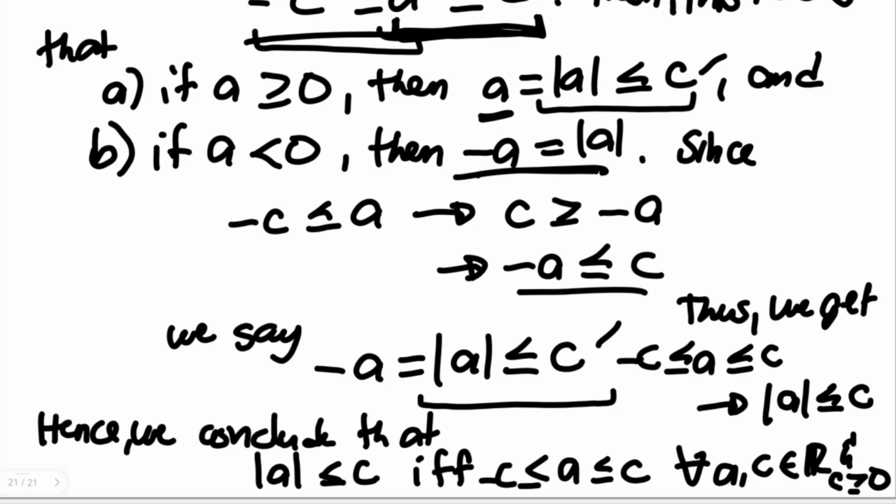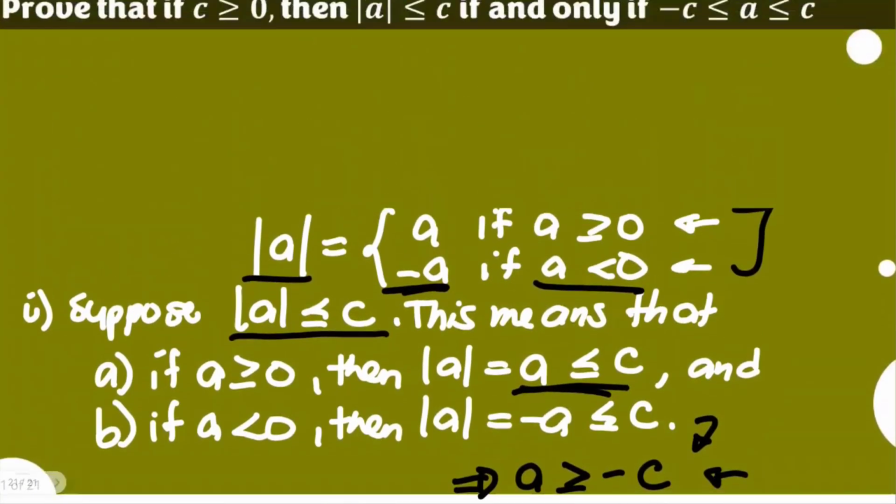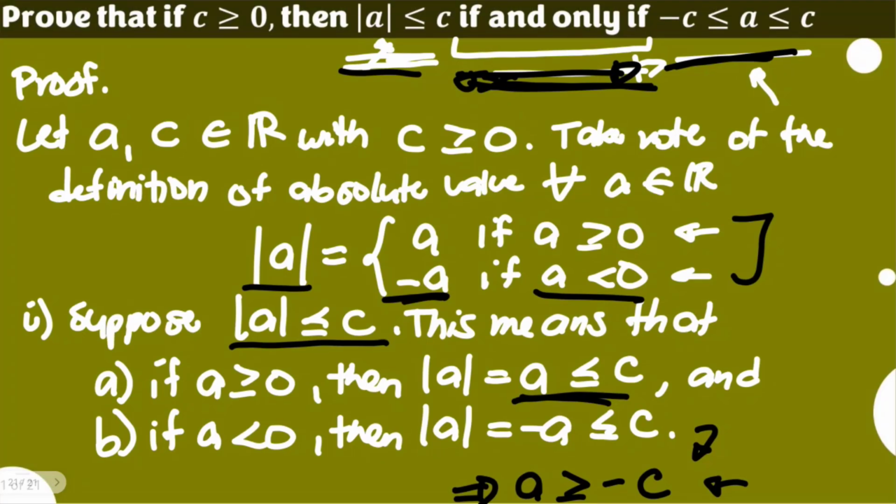So this is now the end of the proof. We have shown this using the two portions of our biconditional relationship, following the definition that is already given. That's all for this statement. Thank you very much for watching.